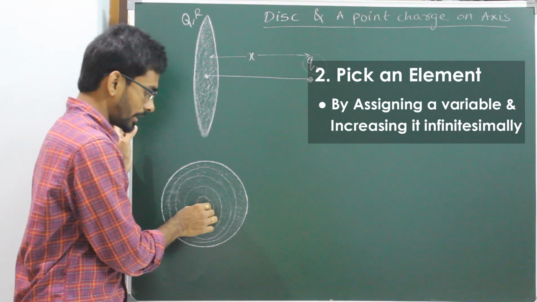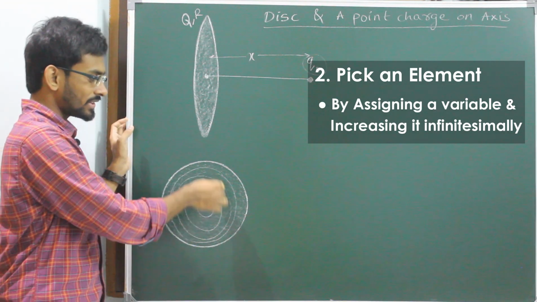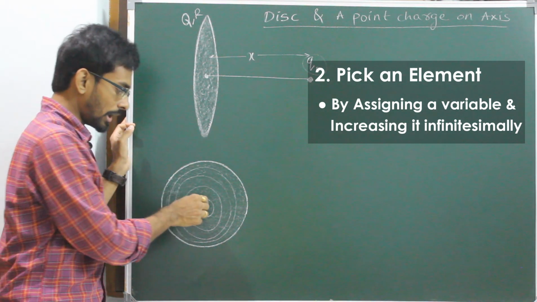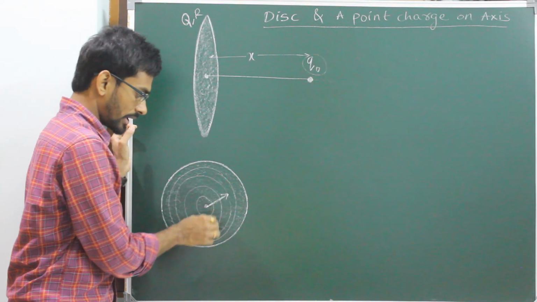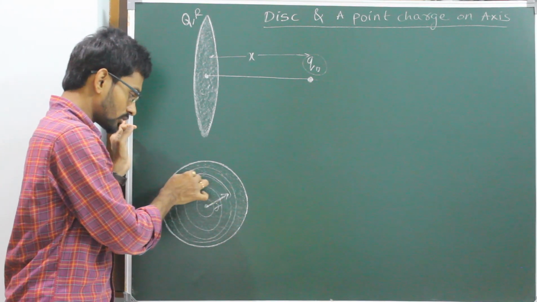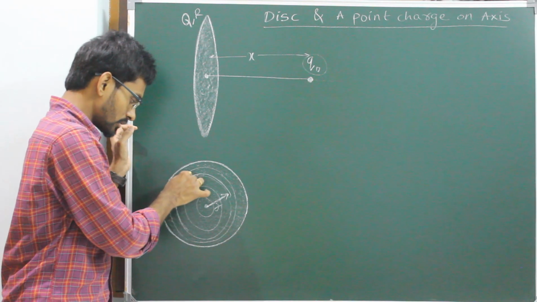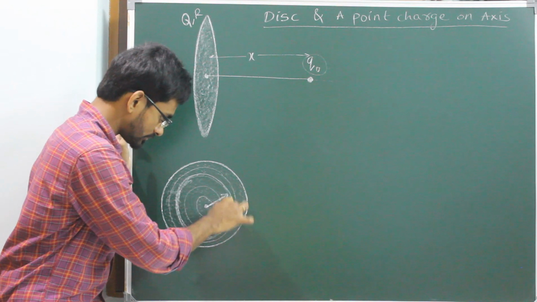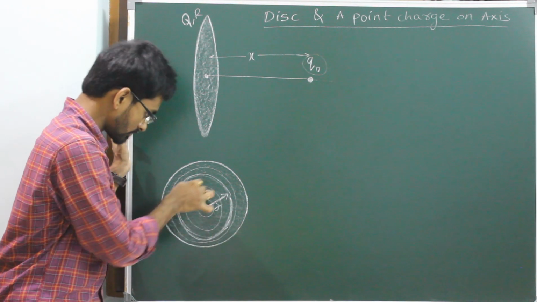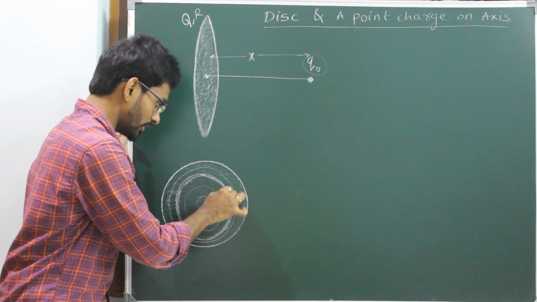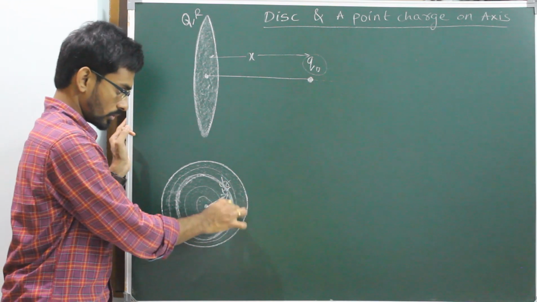So pick the element by assigning a variable. As these are concentric rings with different radii, we will assign a variable radius r and change it by a small value dr. So you'll get a ring of thickness dr. So this is of thickness dr, a ring of radius r.